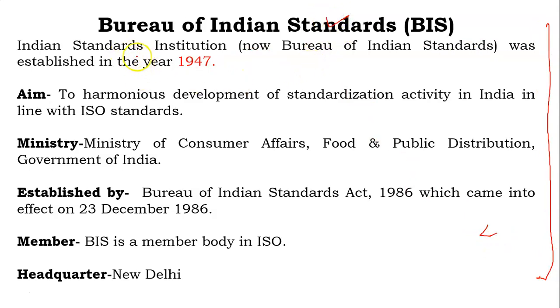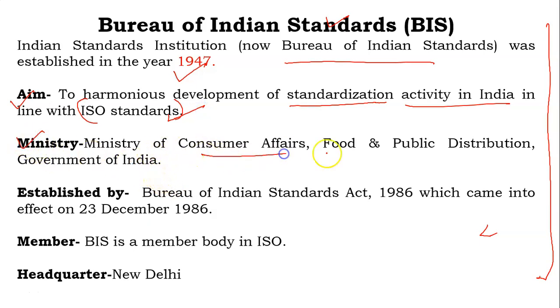Actually this is an Indian standard institution, known as the Bureau of Indian Standard, and it was established in the year 1947. Its aim was to harmonize development of standardization activity in India in line with the ISO standard, and it was implemented by the Ministry of Consumer Affairs, Food and Public Distribution of the Government of India.